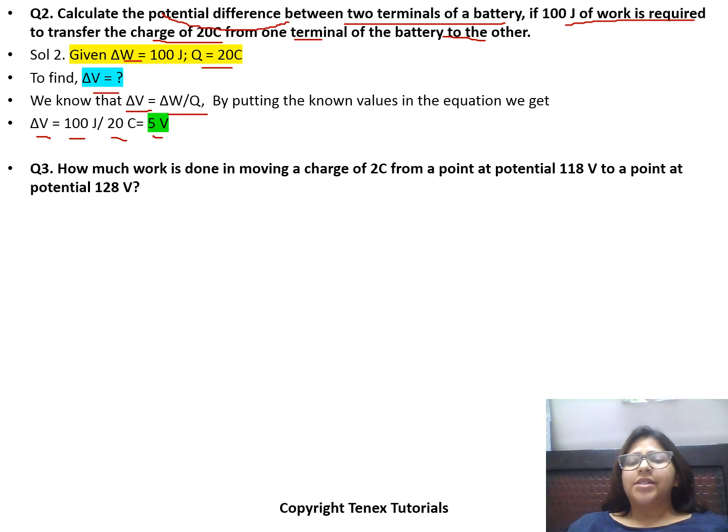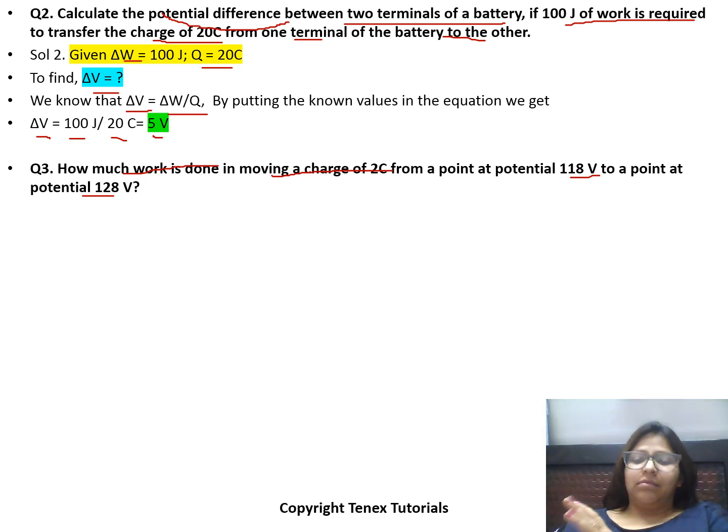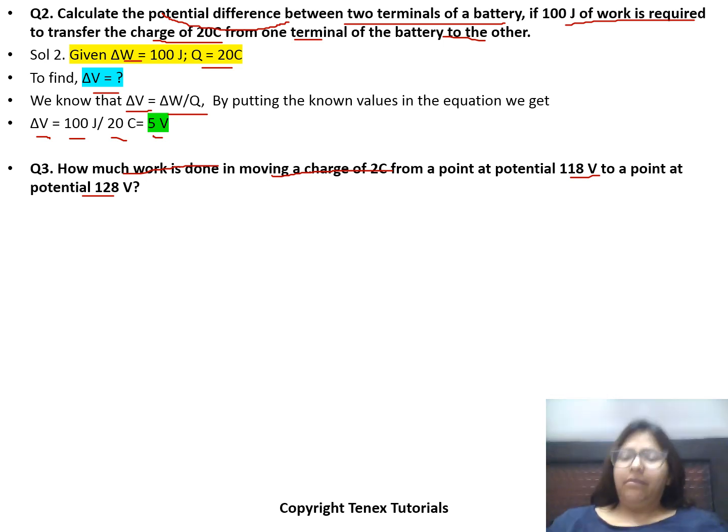Now, the next question says: how much work is done in moving a charge of 2 coulomb from a point at potential 118 volts to a point at potential 128 volts. Guys, you need to remember, let us take a simple example that there is a battery, and one of the ends is at a potential of 128 volts and the other is at a potential of 118 volts.